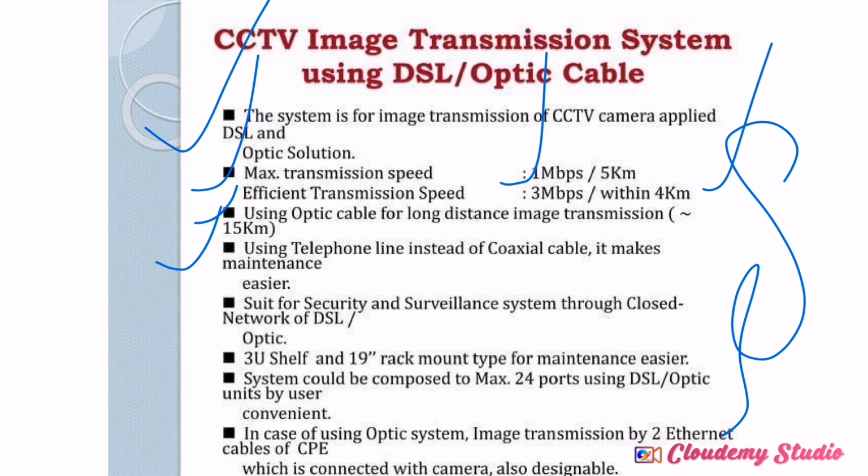Okay, so here the main point is about the speed and the type of the cable that you can use. For instance, if you use the telephone line instead of coaxial cable, it makes the maintenance easier. Then again, the maximum transmission speed is 1 Mbps or 5 kilometers. By the way, I once explained on the previous topic that it depends on the distance.